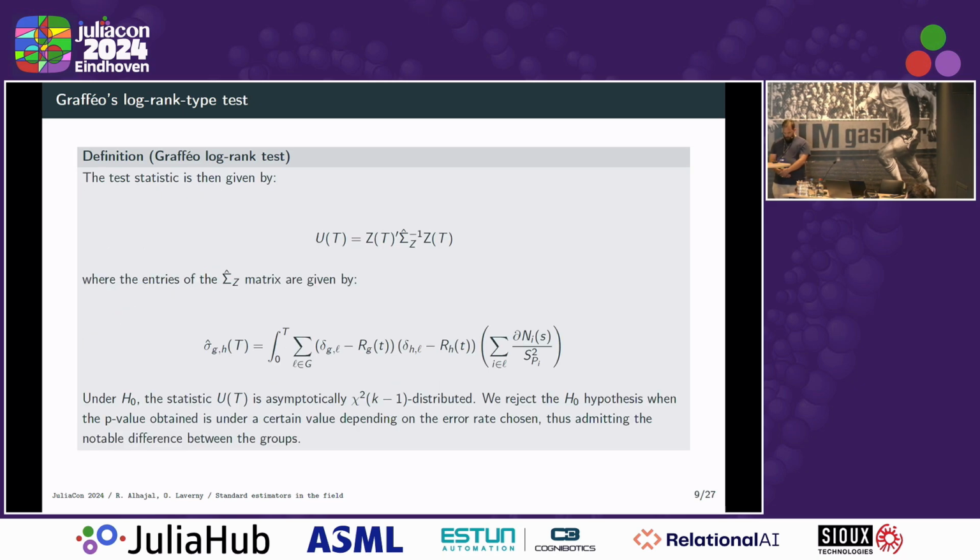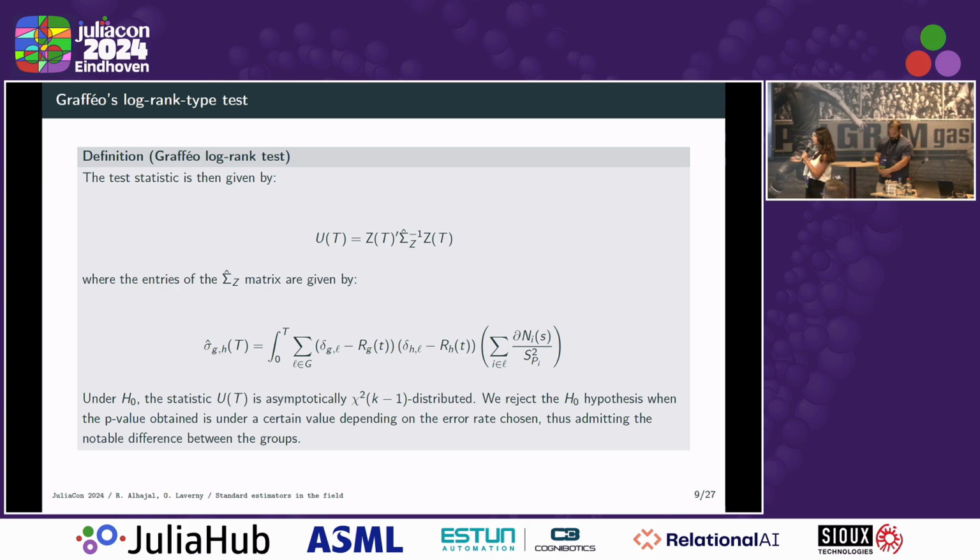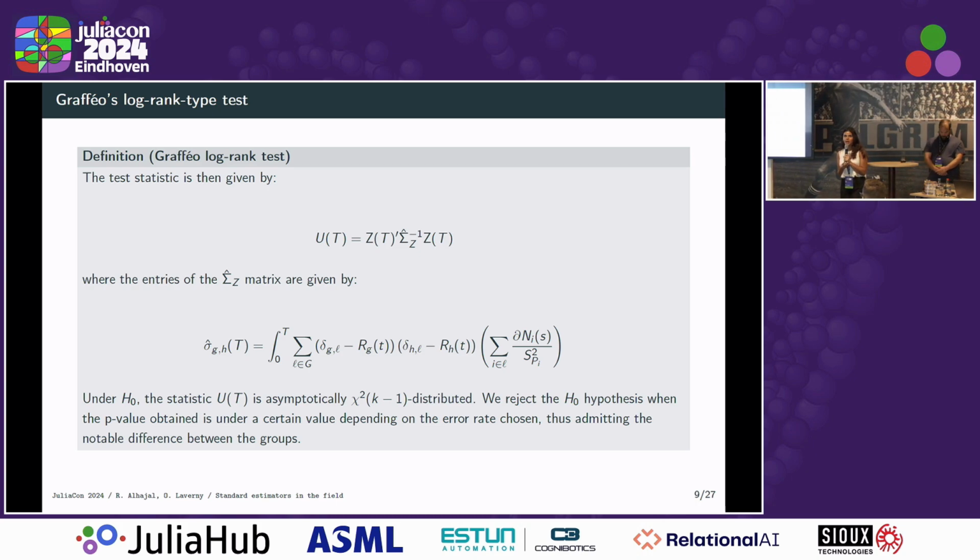From this, we're able to construct the test statistic under the chi-squared distribution under the null hypothesis, where the variance matrix is also given by the estimation in the slide. The null hypothesis is rejected when the calculated p-value is under a certain error margin that is chosen by the researcher.